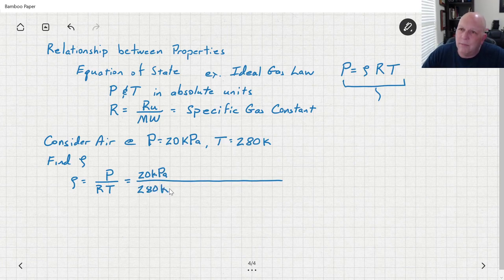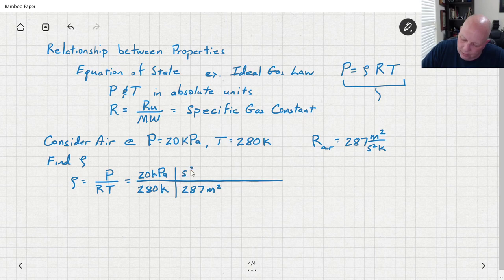My gas constant for air, and you can look this up, but you should get to where you remember it, R for air is 287 meters squared per second squared Kelvin. So I'll just divide by the gas constant, 287 meters squared per second squared Kelvin.